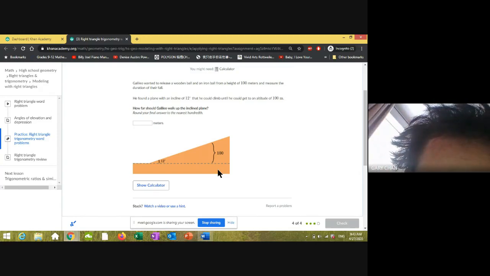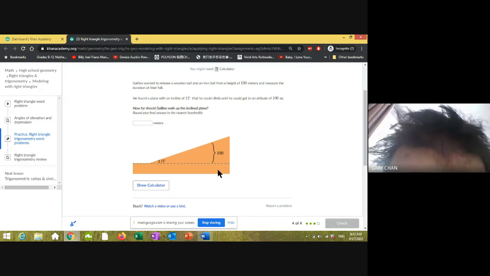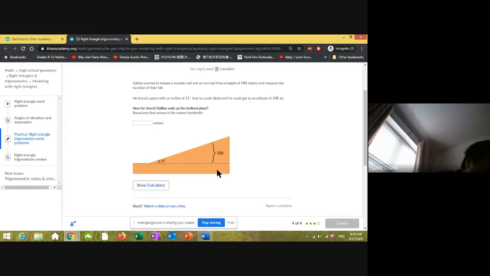How far should Galileo walk up the inclined plane? Yep, it's hypotenuse. So we're going to look for the hypotenuse. We're given that the height of this inclined plane is 100, and we're going to try to figure out what that hypotenuse is.